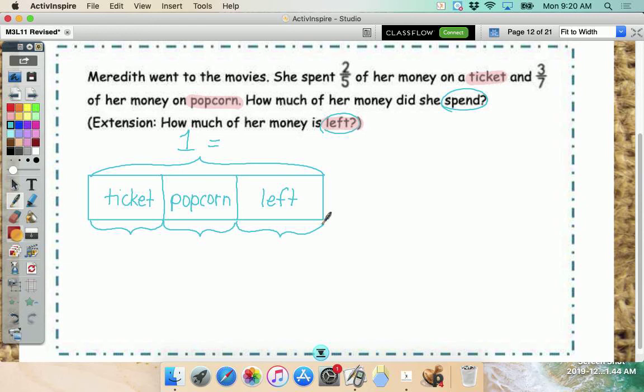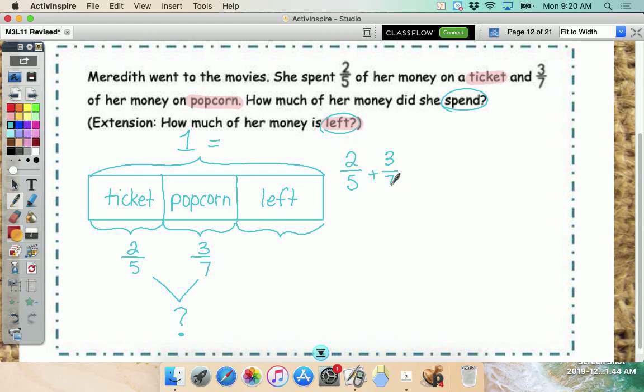Now the first question mark is where? Left. No. That's actually the second question mark. We have to add. So my first question mark is here. And you don't have to write that question mark. You can just leave it blank because we're going to put an answer there. Okay? But how are we going to solve this? Add. What two fractions will we add? 2/5 plus 3/7.